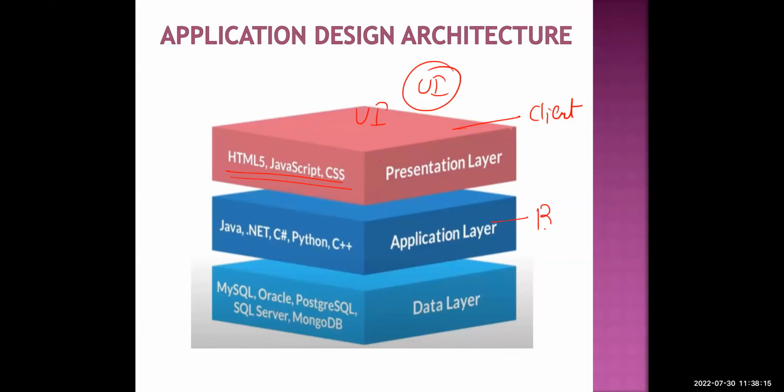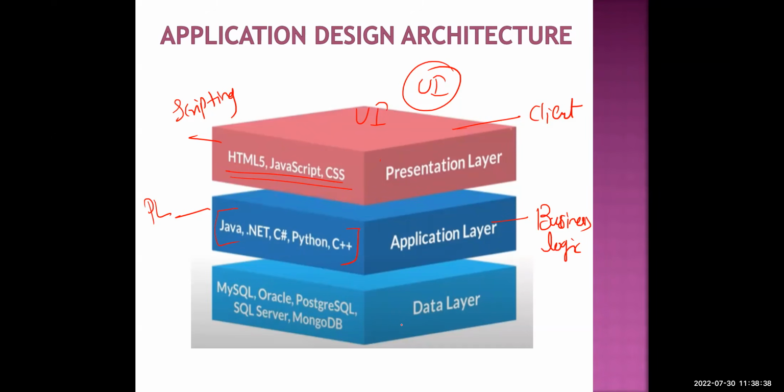In the application layer, you will see the entire business logic reside. Business logic is implemented in which programming languages? Let me tell you, these are scripting languages and these are programming languages: Java, .NET, C#, Python, C++. Depending on the client requirement, the developer will develop the application.